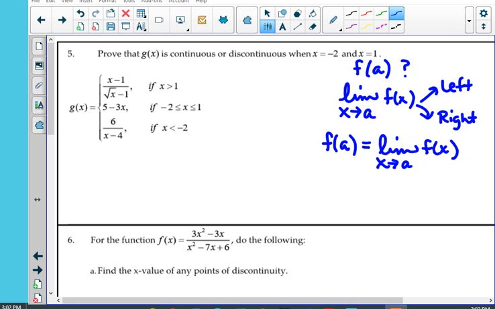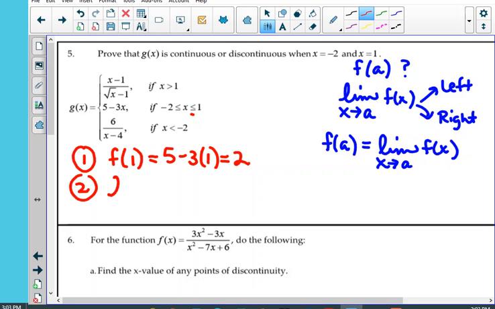All right, so to start my proof about 1, the first thing I'm going to look at is f of 1. And in this case, f of 1 would be 5 minus 3 times 1, which would be 2. All right, go to the one where it was equal to 1.